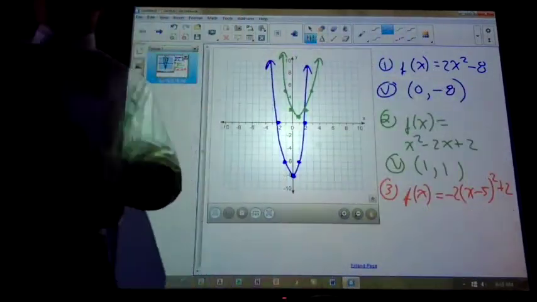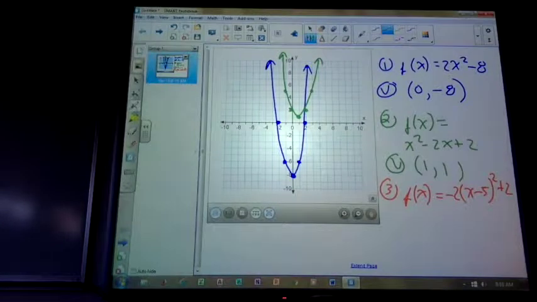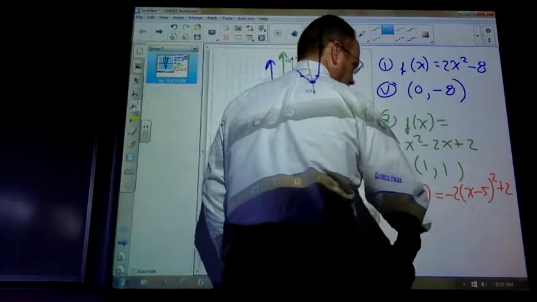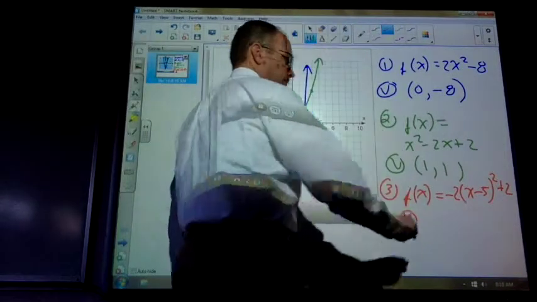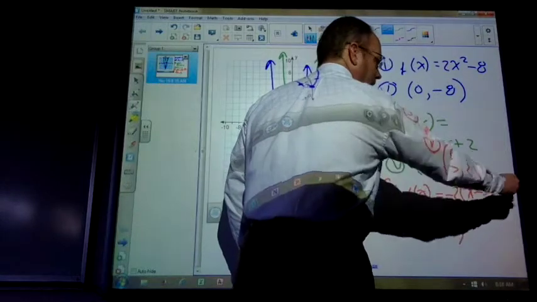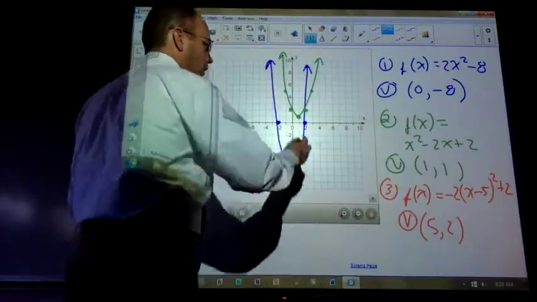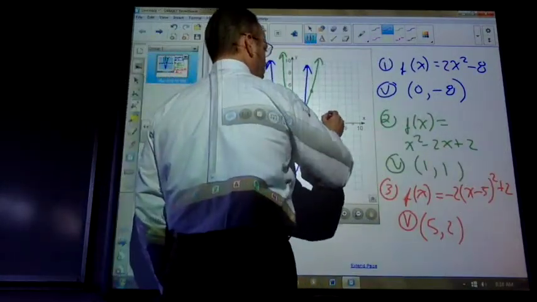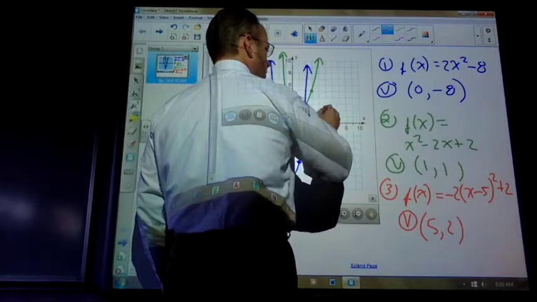This is already in vertex form for us, agree? So what is my vertex? 5, 2, good. Okay, remember it's opposite value inside, same value outside. So 5, 2, 1, 2, 3, 4, 5, up 2, putting a dot.